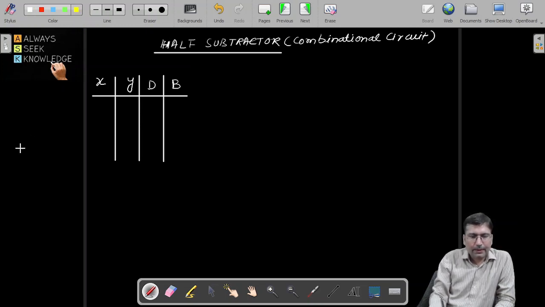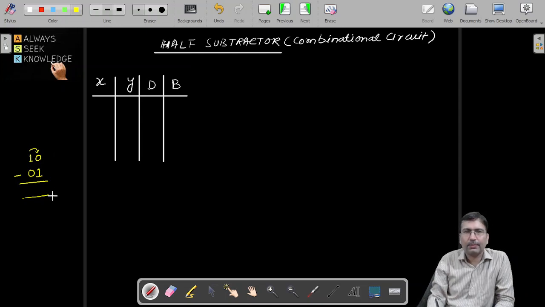Let's say in binary we are having some numbers, like 1 0, and from 1 0 we are trying to subtract, let's say, 0 1. In this binary subtraction, 1 cannot be subtracted from 0 until and unless we take some borrow from here.